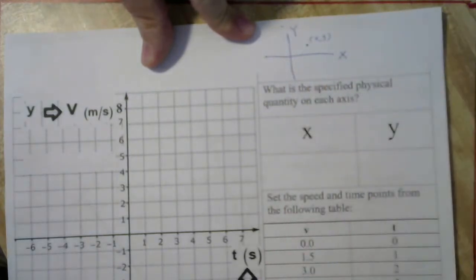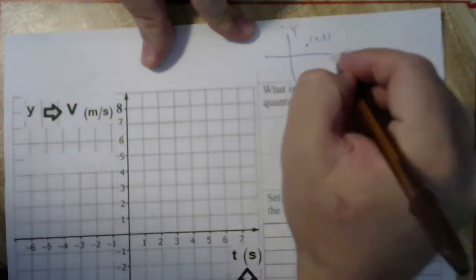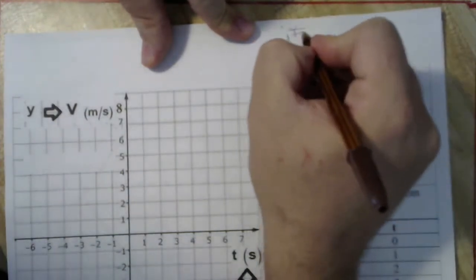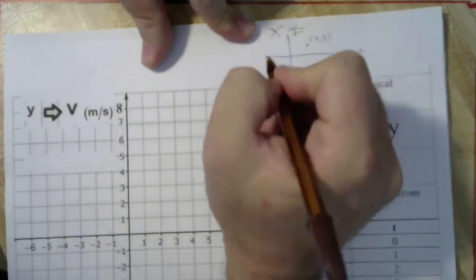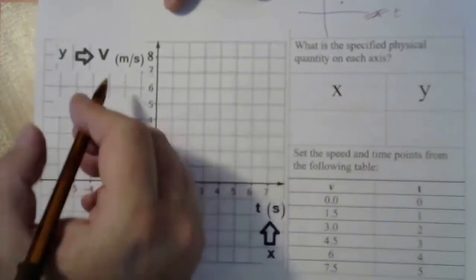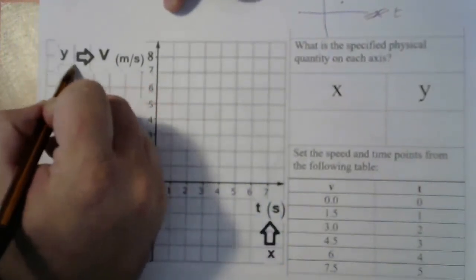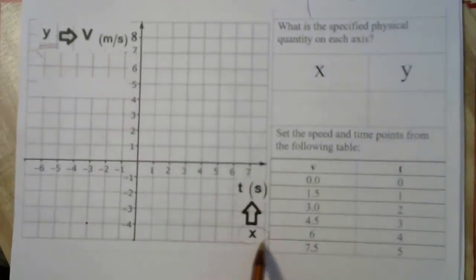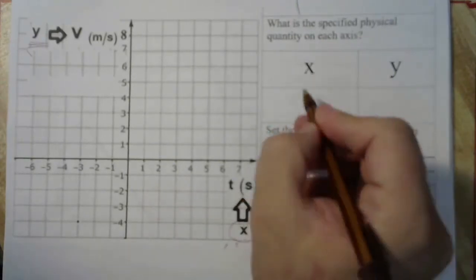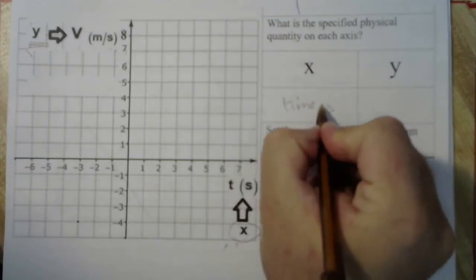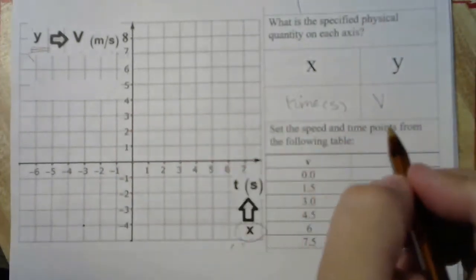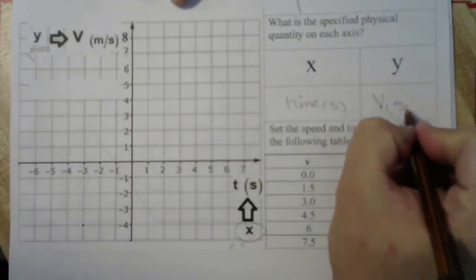But in physics, until now we know t at the x axis and the position x at the y axis. In this example we have the velocity at the y axis and the time at the x axis. So the x axis carries the time in seconds, and the y axis carries the velocity, not the position as in the previous example, in meters per second.